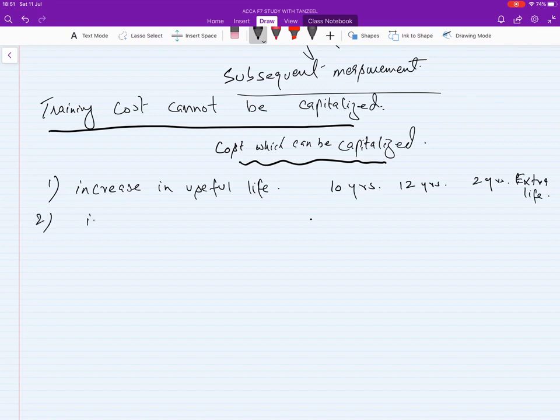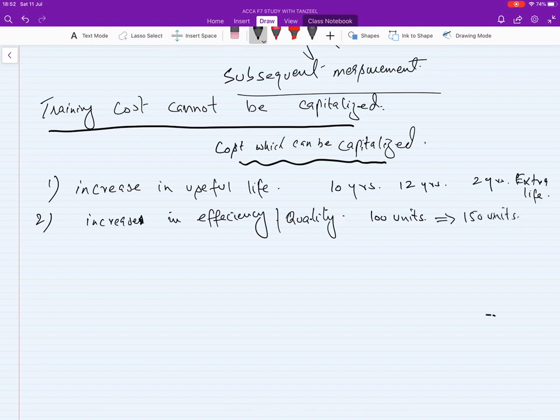Second, the expense which increases efficiency or quality or quantity, or both. If you have a big machine that was working fine but producing 100 units before, and you install a new part in it, and after installation it starts giving you 150 units, it means because of this expense the efficiency, quality and quantity have increased.